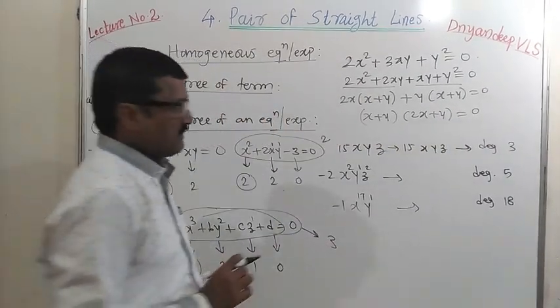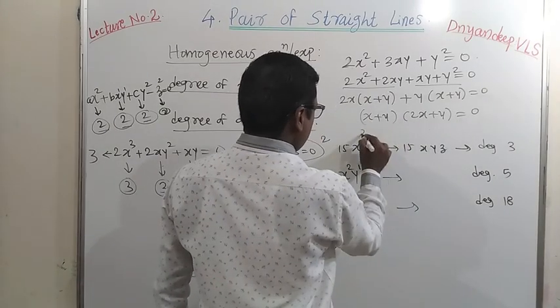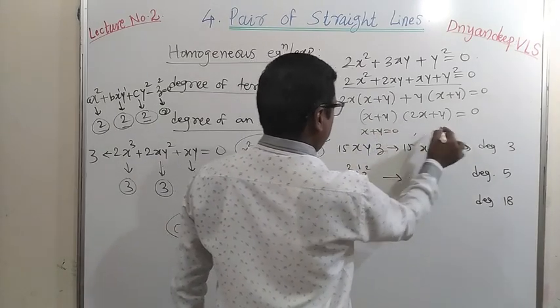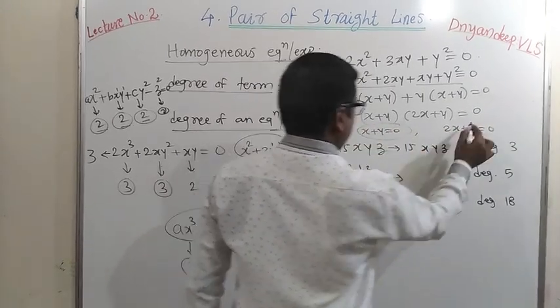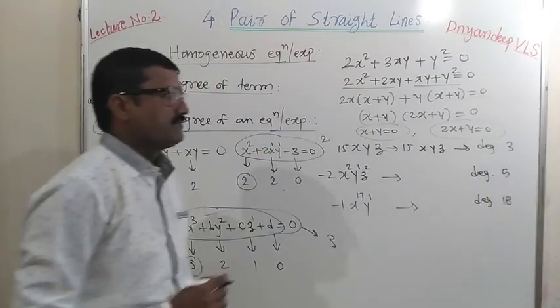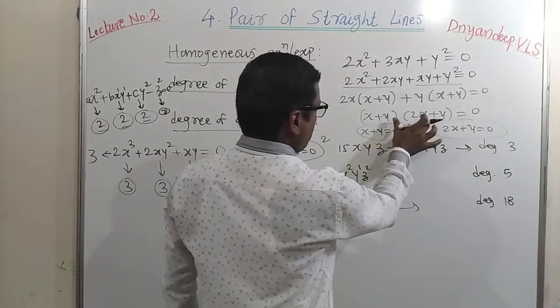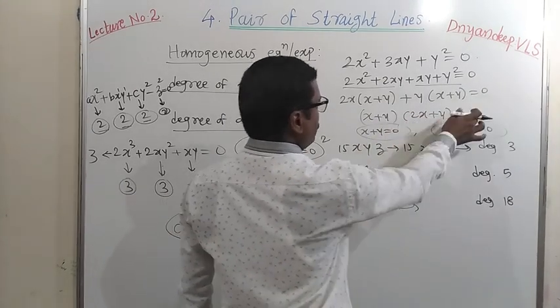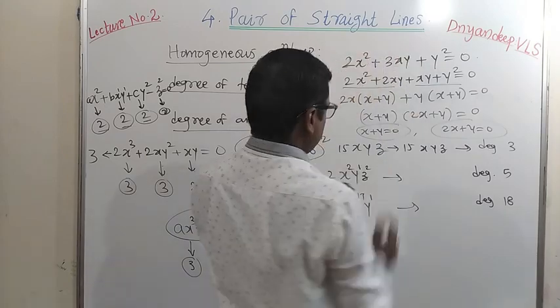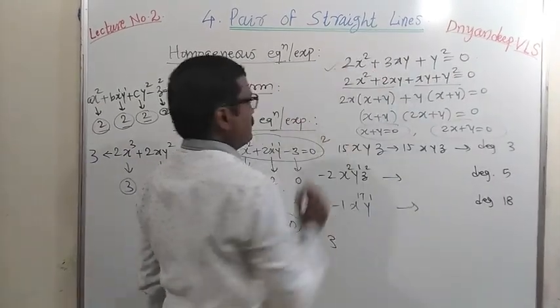So what I want to say here is that obviously the product of these two terms equal to 0, so we get x plus y equal to 0 and 2x plus y equal to 0. What are these two equations? These two equations are nothing but the equations of straight lines. So this is nothing but the combined equation of pair of lines.